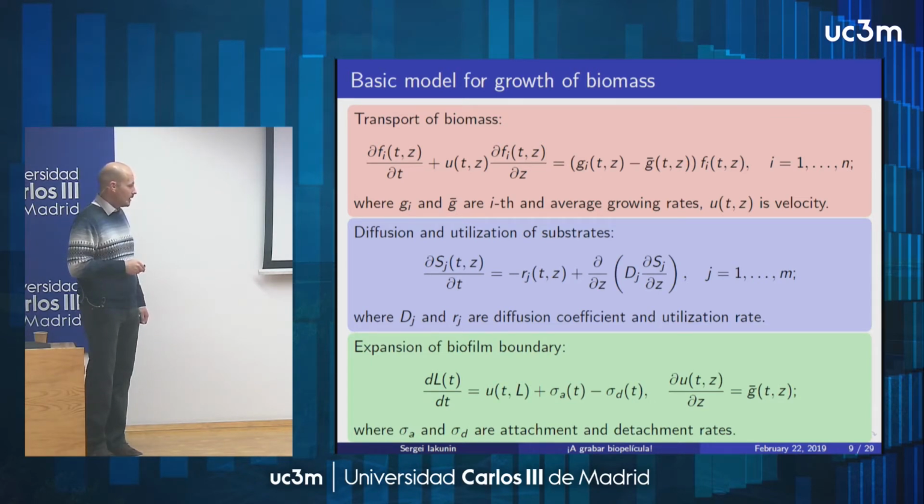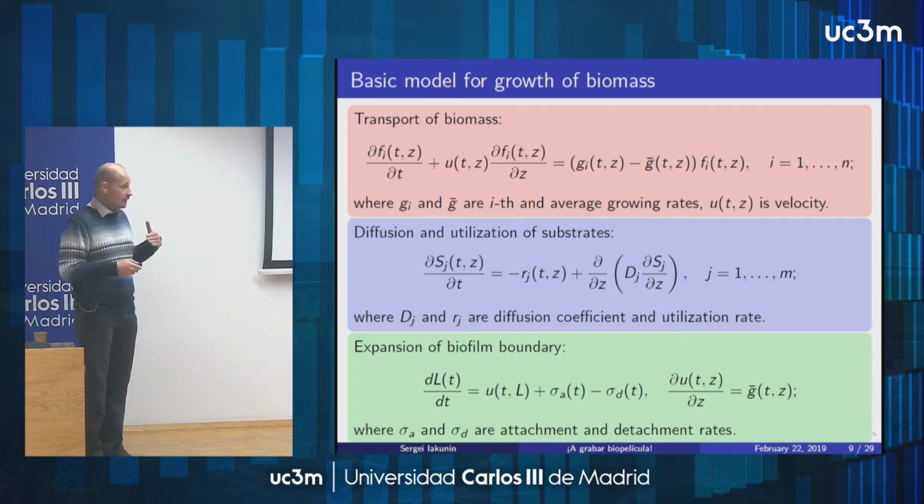We have that the thickness of biofilm, or the upper boundary, grows proportional to the velocity of production of biomass, and also we have an attachment and detachment term. So the velocity, of course, is such that its derivative with respect to the vertical coordinate is equal to the average growth of biomass.